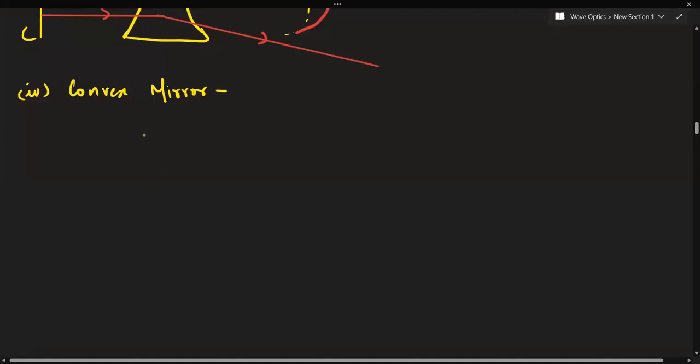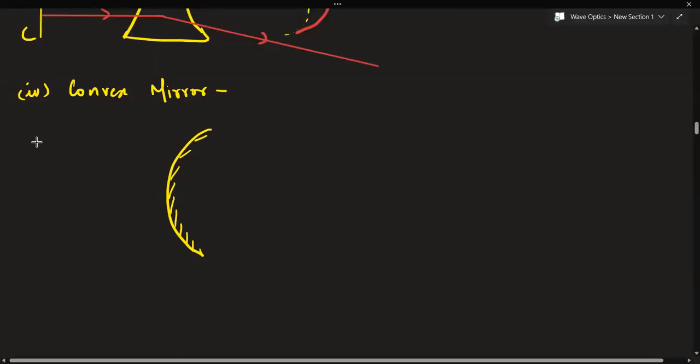So see, convex mirrors are the diverging mirrors and the concave mirrors are the converging mirrors. A convex mirror is a part of a sphere which is silvered on its inner side, like this. This is a part of a sphere and this is polished or silvered on its inner side. This is the reflecting surface for a convex mirror.